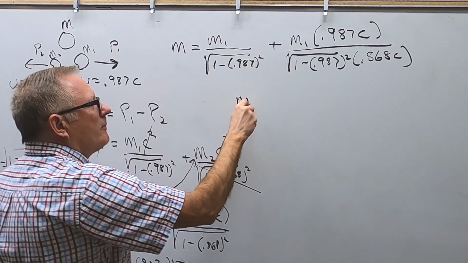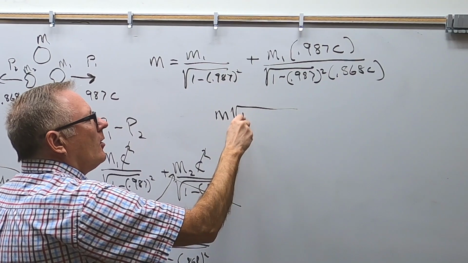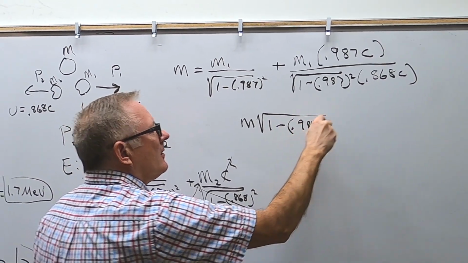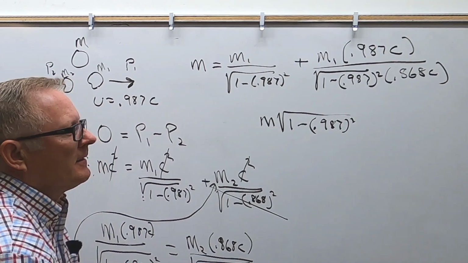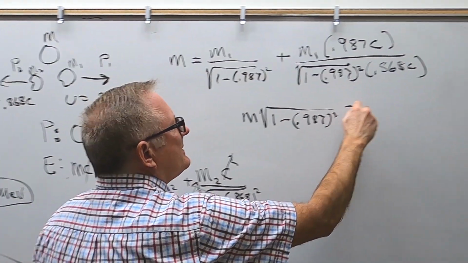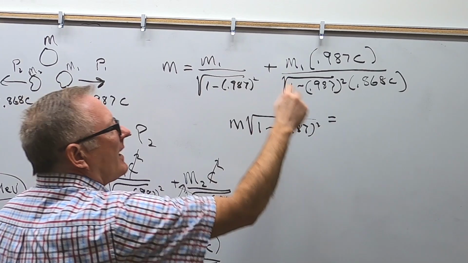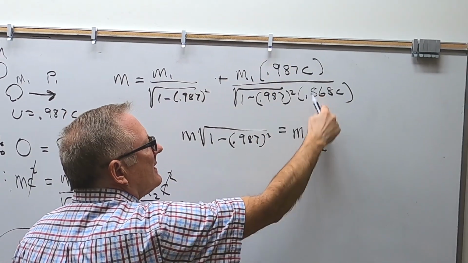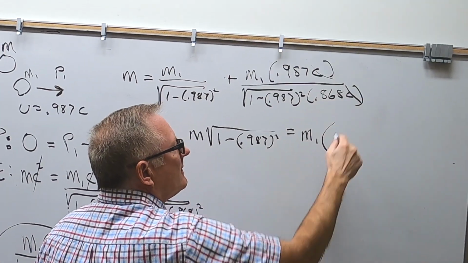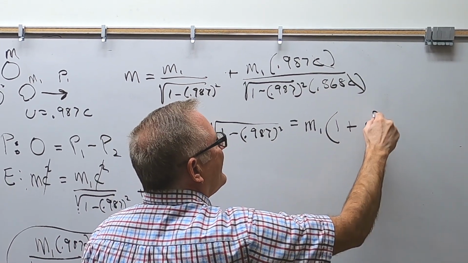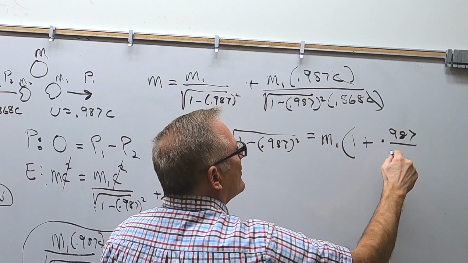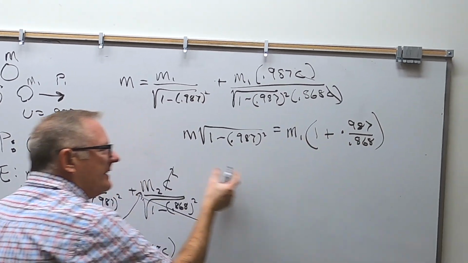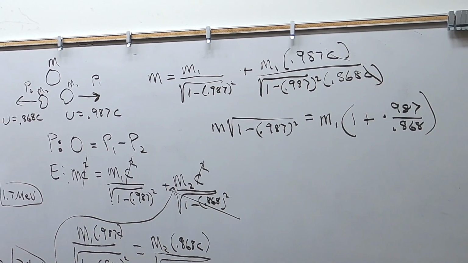So we got m times the square root of 1 minus 0.987 squared. And then on this side, if I factor out the m1, we get 1 plus this ratio. The c's are gone. 1 plus 0.987 all over 0.868. And then just bring this down below, right there.